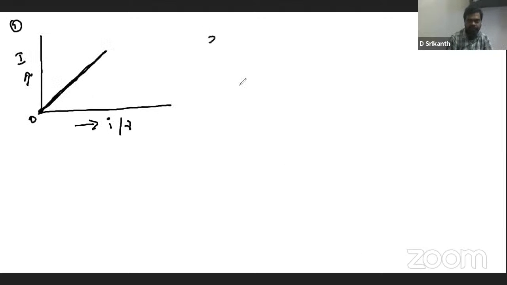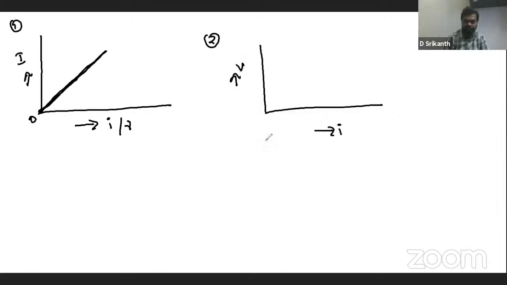The second one is potential versus current. On the y-axis, let us take current, and on the x-axis, take potential, V. Up to a minimum potential, there will be no current.